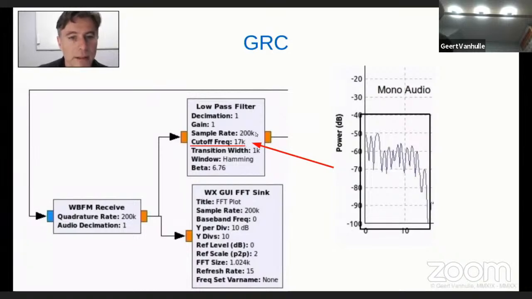The sampling rate is still 200 kilohertz. So the cutoff frequency is 17 kilohertz, so we keep only the mono audio part. And these now are a discrete 32-bit float sample series.